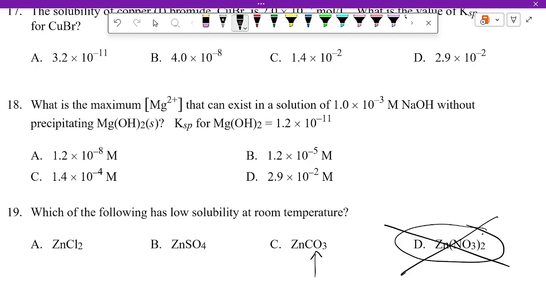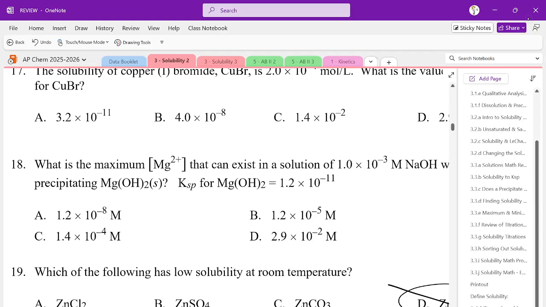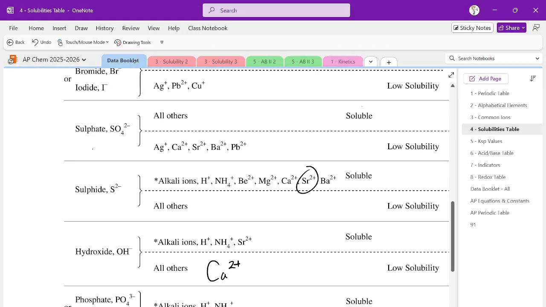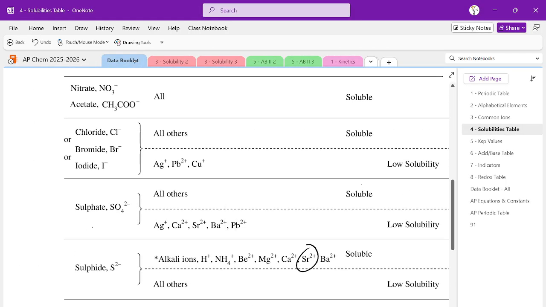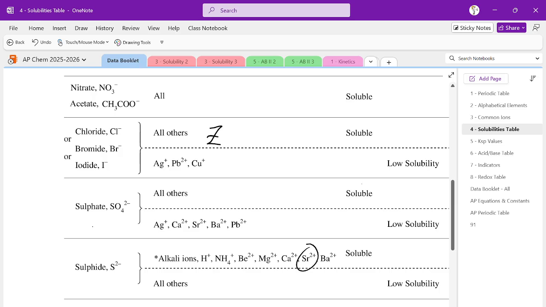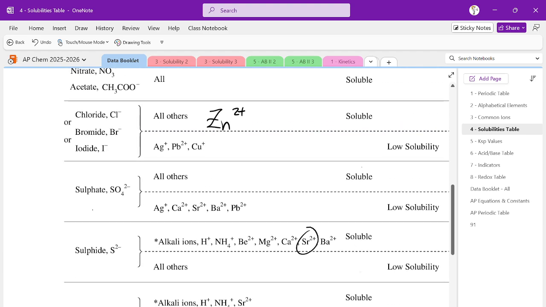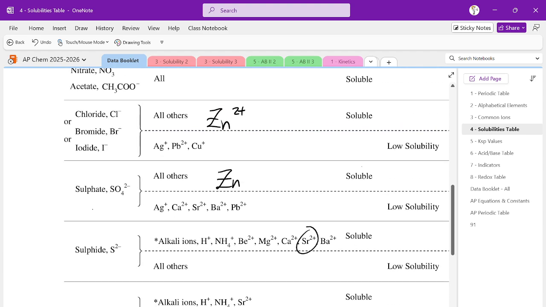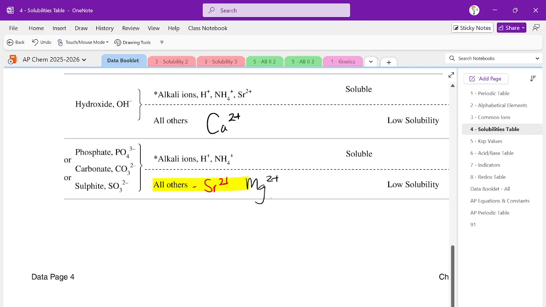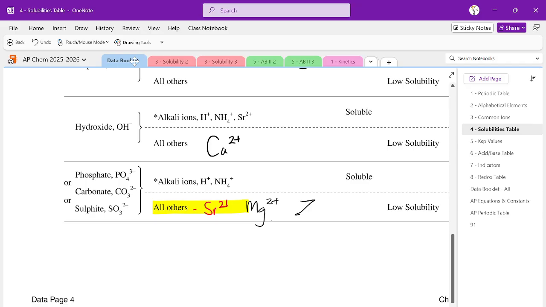But let's go check. Zinc chloride. Zinc is soluble. Zinc sulfate. Zinc is soluble. And so indeed it is zinc carbonate, which is the lowest solubility.